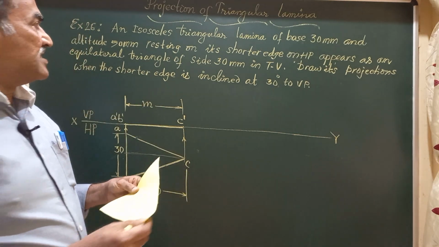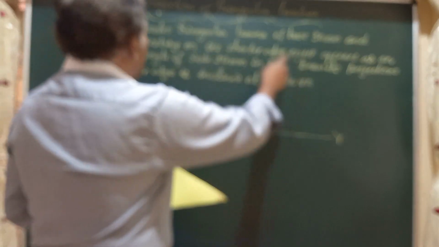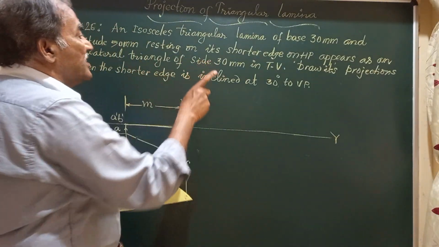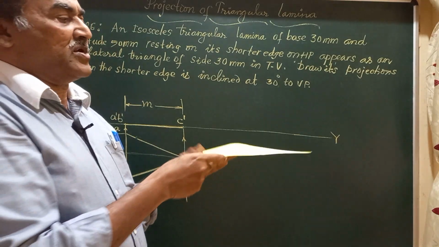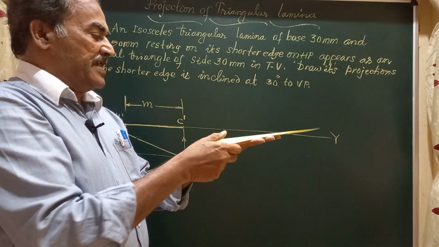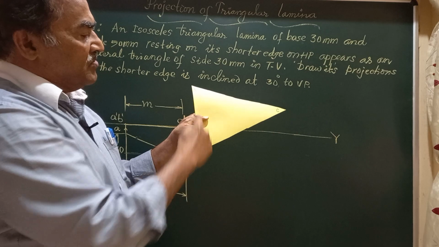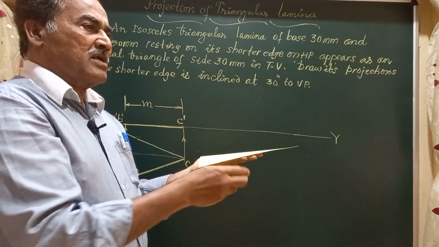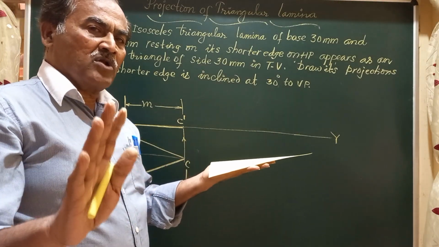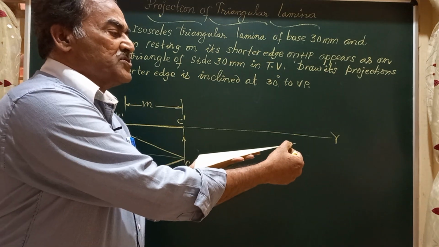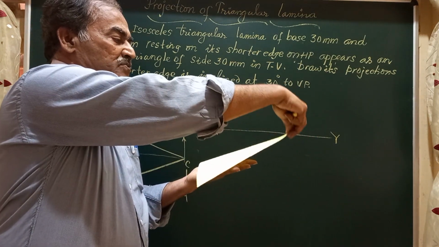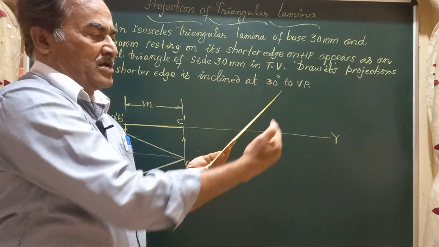Friends, now he says it appears as an equilateral triangle of side 30 mm in top view. Friends, what happens? The side AB, which is on HP or parallel to HP, will always remain the same. It won't change its length. Whereas when you slowly lift this up from this corner, what happens?